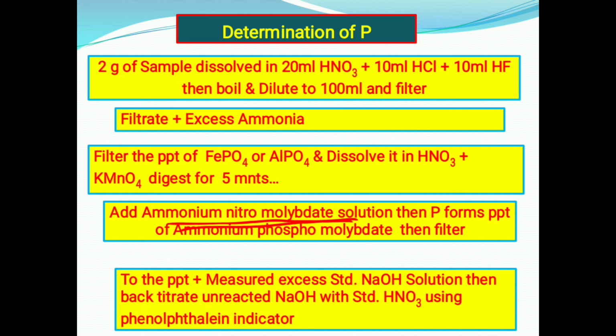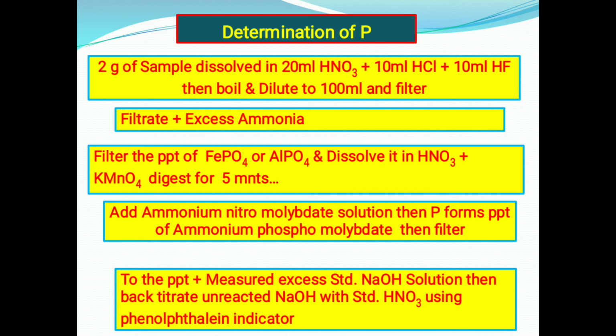This addition of ammonium nitromolybdate solution will react with the phosphate to produce ammonium phosphomolybdate. So phosphorus forms a precipitate of ammonium phosphomolybdate, then filter it.